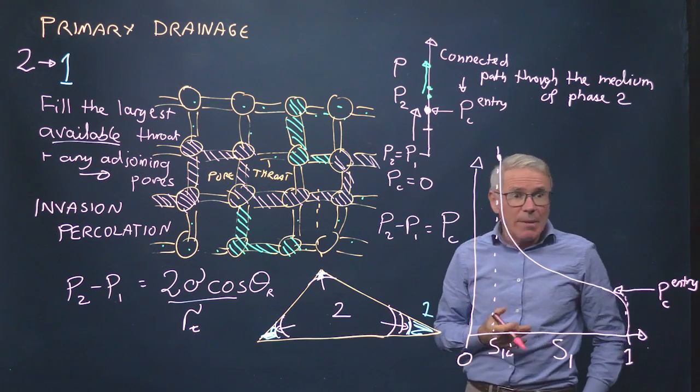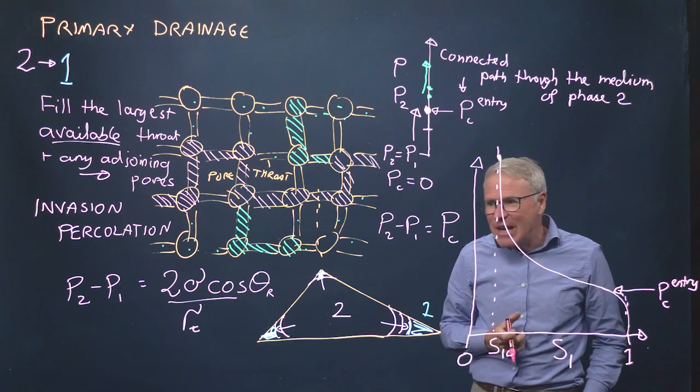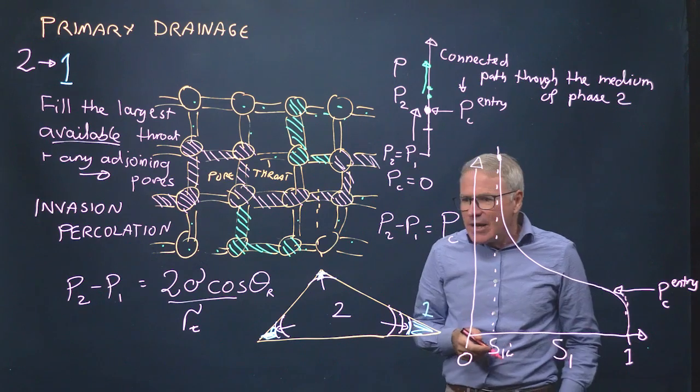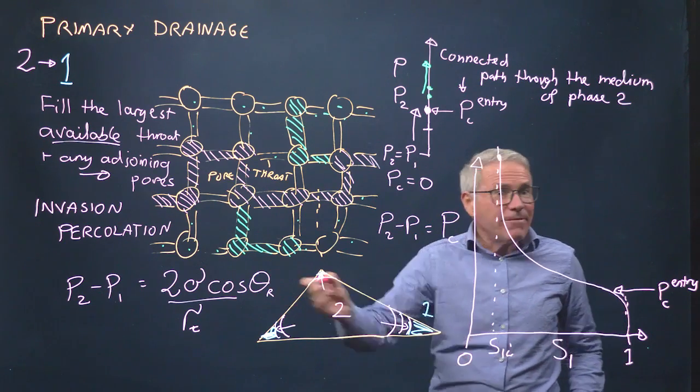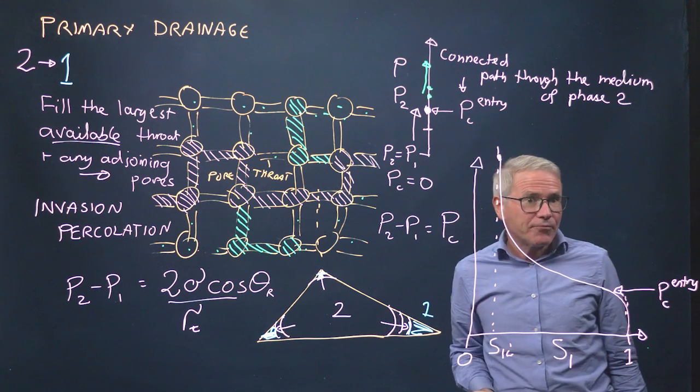Let's think of some typical numbers so that we have some idea of where we are. So often this effective receding contact angle is close to 0, so the cosine is close to 1.